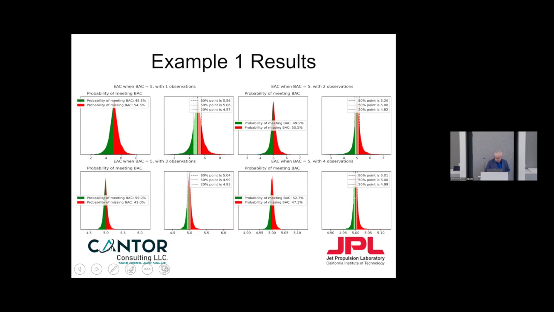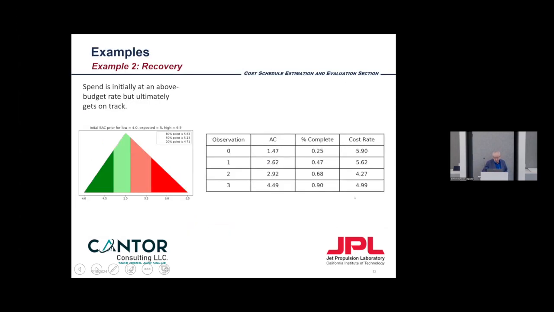So let's look at a more interesting and more realistic example. This is what I call a recovery example. At first, you're spending too much money to get to the first point, and you know your cost rate isn't 5, it's 5.9, because of the quotient of how much you spent to get to 25% complete.